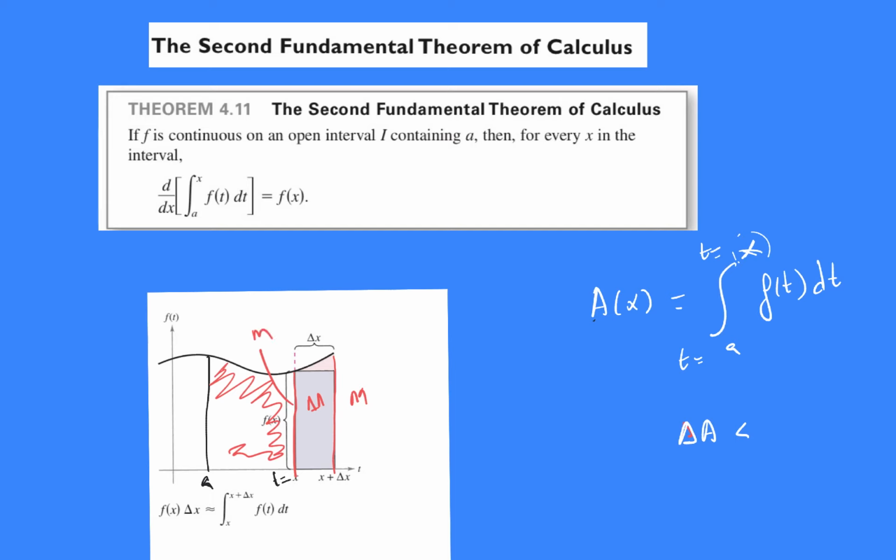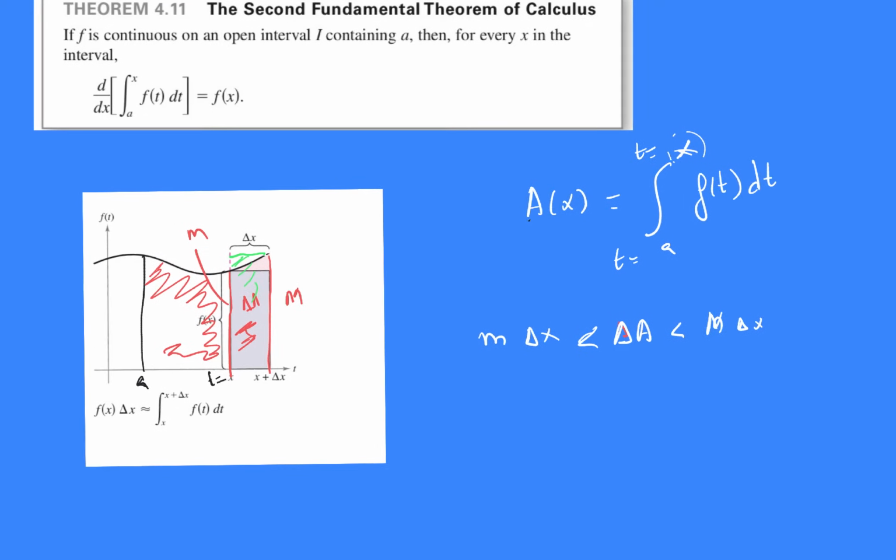The area here is smaller than the area of the rectangle M by delta x, and bigger than the area for the minimum, m by delta x.